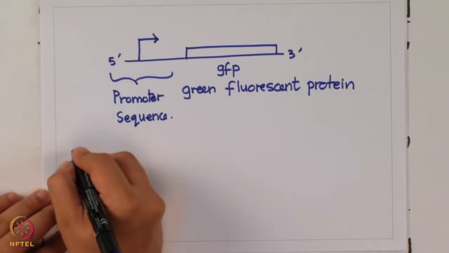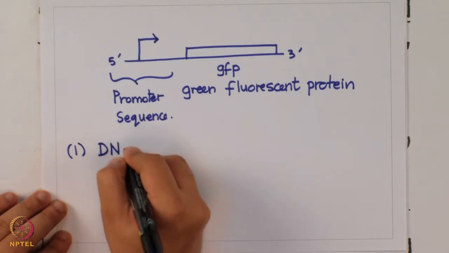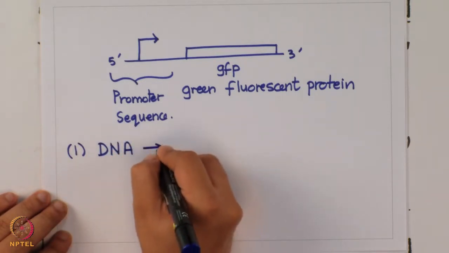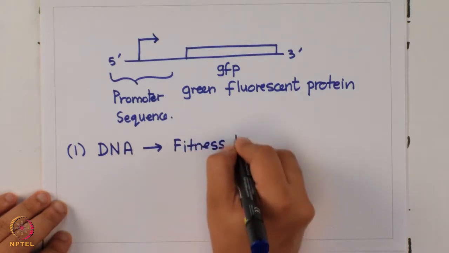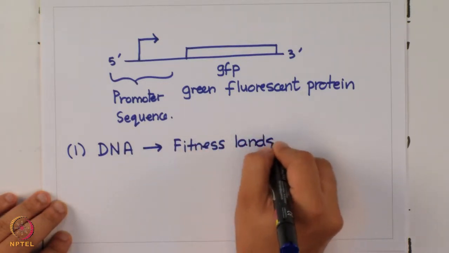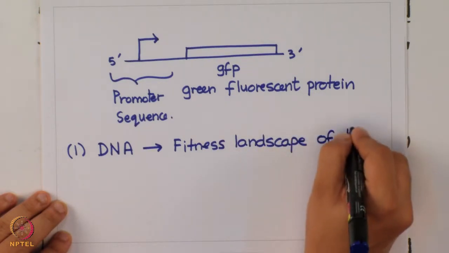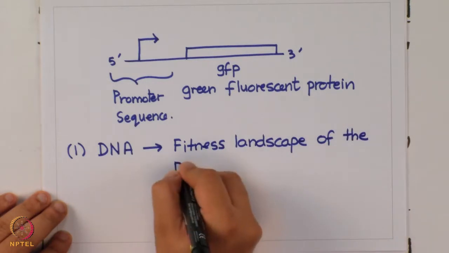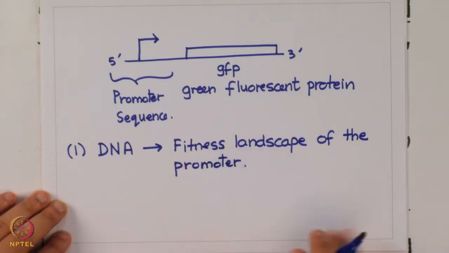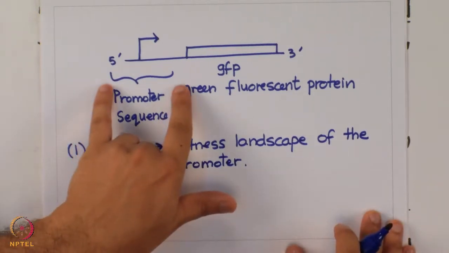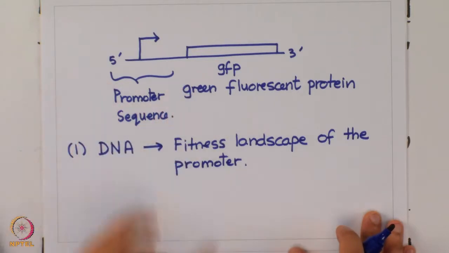So first, when we are talking of fitness landscapes associated with DNA, what we are going to be looking at is the fitness landscape of the promoter. So I am interested in this bit of the DNA sequence, and I want to understand the fitness landscape associated with the promoter.